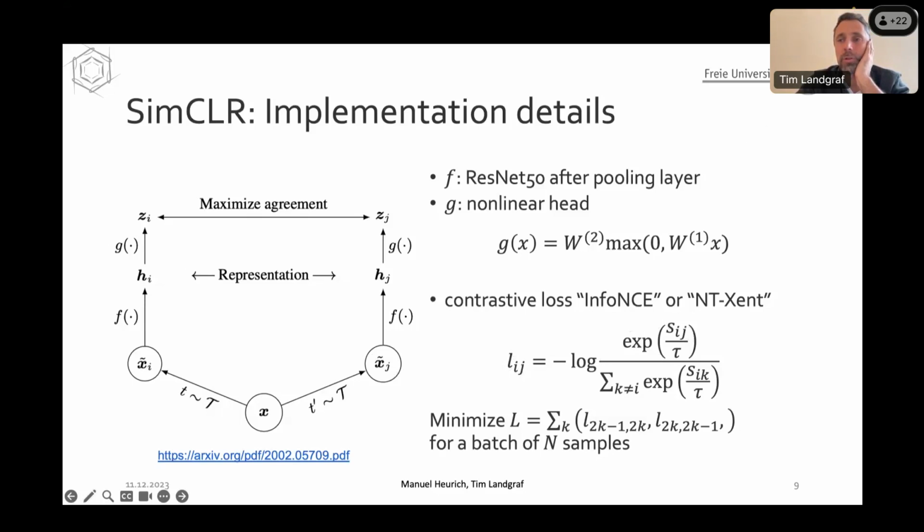So who knows what this looks like? Let's be a little bit interactive here. Say again? Softmax. It looks like softmax. It is. It has the negative logarithm of it, so it isn't exactly softmax. But it's basically softmax with cross entropy. It's very similar to how we train classification networks in a supervised setting.